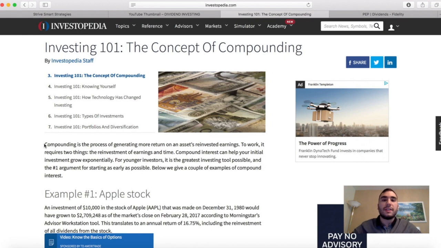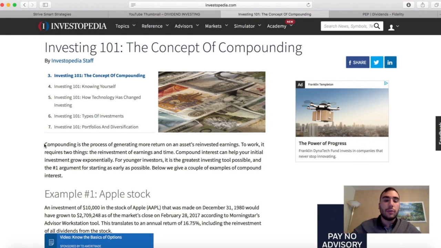So what this pretty much means, guys, is that let's say you own 20 shares of AT&T stock, and let's say they pay out 50 cents per quarter in terms of dividends. So you're going to be paid $10 per quarter in terms of dividends.